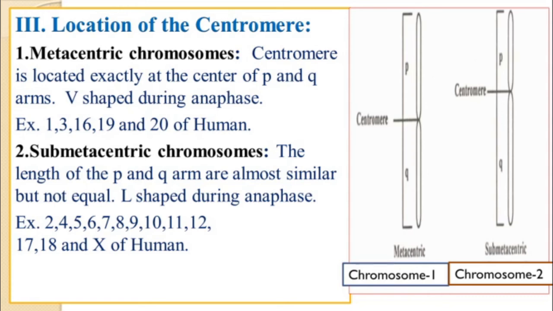And the second type of chromosome is submetacentric. The length of P and Q are almost similar but not equal. It looks like a L alphabet during anaphase. Chromosomes 2 and 4 to 12, 17, 18, and X chromosomes of human beings are examples for this type.